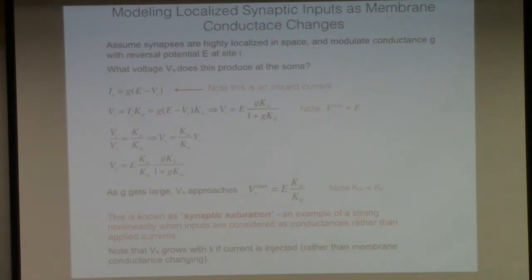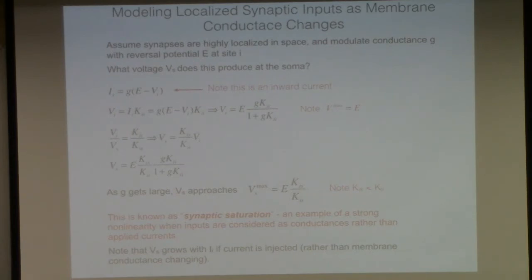What this real relationship is telling us is that you can only make the voltage so large, and this effect is known as synaptic saturation. No matter how much we increase membrane permeability, we can never make voltage at that location larger than the reversal potential E. You can only do so much at that site.